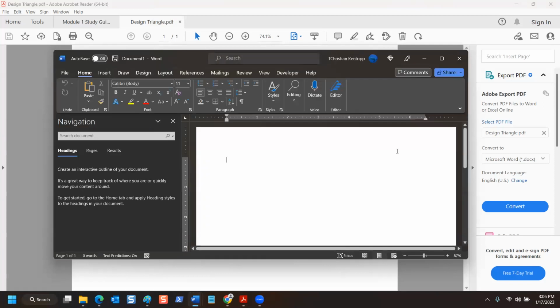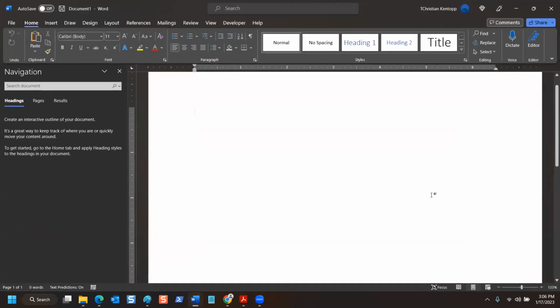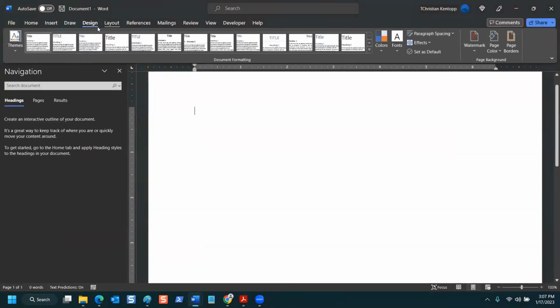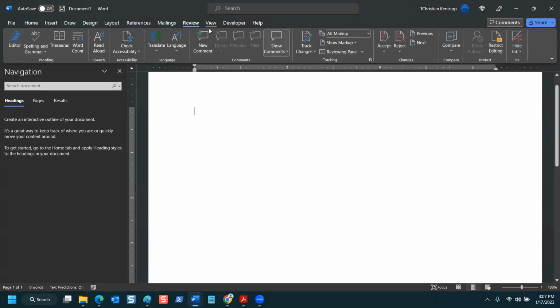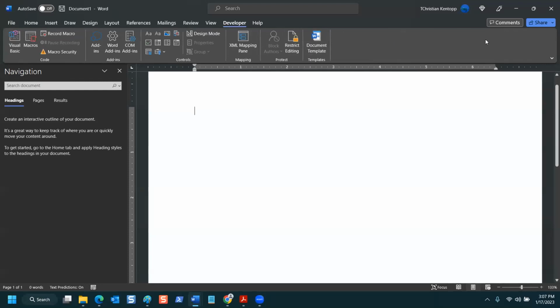Let's just use Word as an example. Look at all of the different features that you can tap, and the way the graphical user interface is devised over decades to cram so much stuff in here.